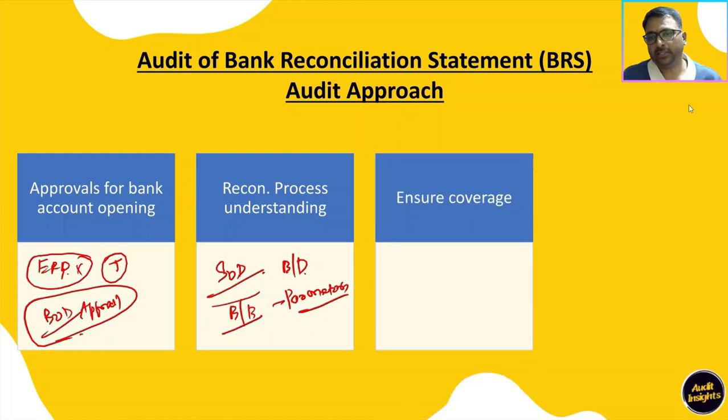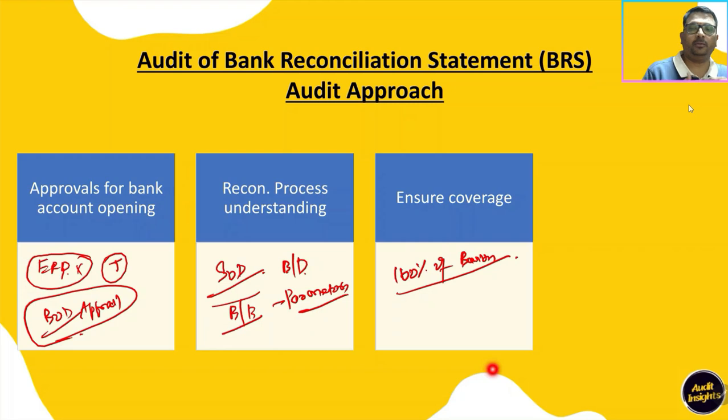The third one, once you have understood the approval process and the bank reconciliation, as was mentioned partly in the first part of bank account opening, is to ensure that we cover 100% of banks. Right? There could be multiple types of banks that are there.